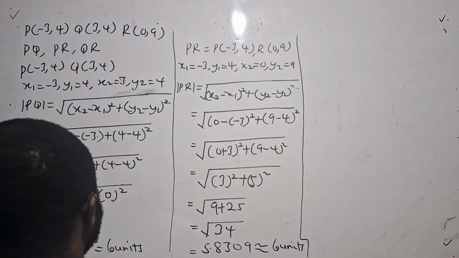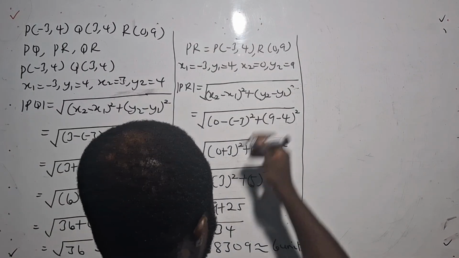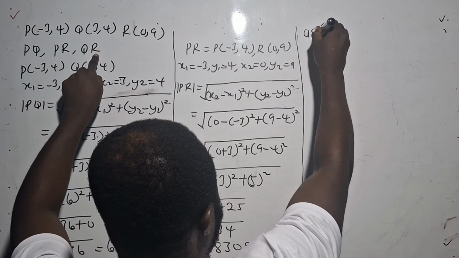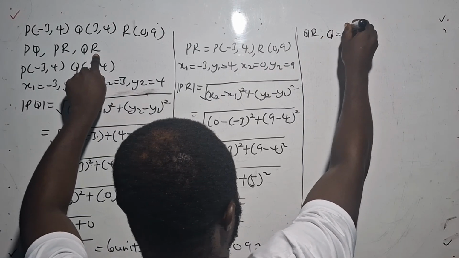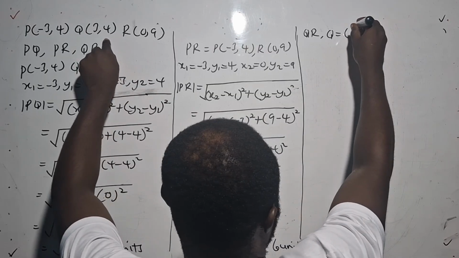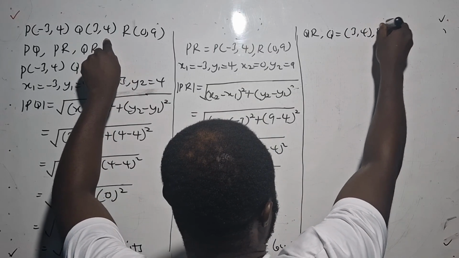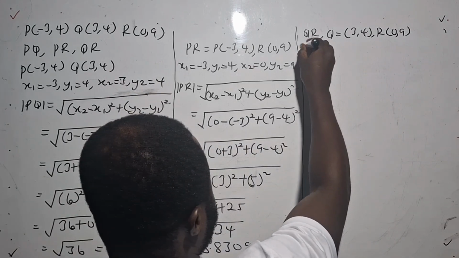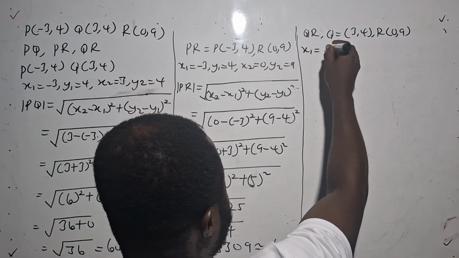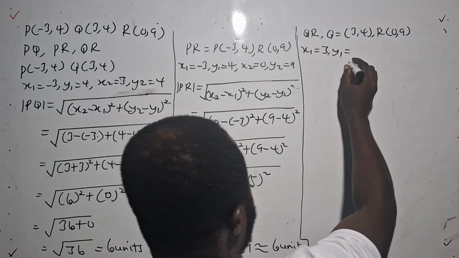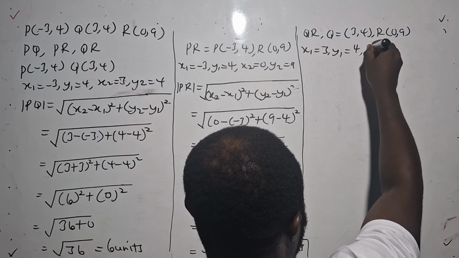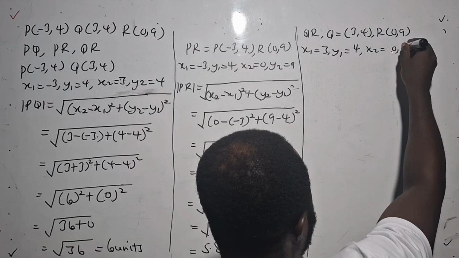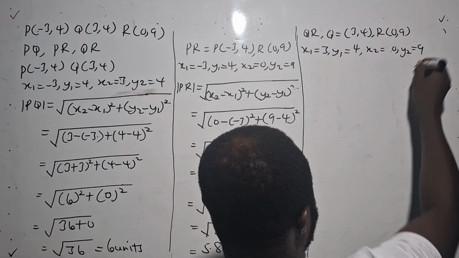The next one is QR. So the Q is 3, 4 and R is 0, 9. So my x1 is 3, y1 is 4, x2 is 0, y2 is 9.